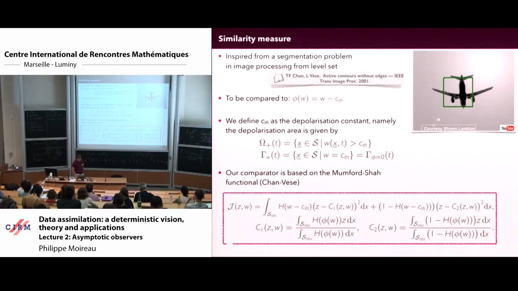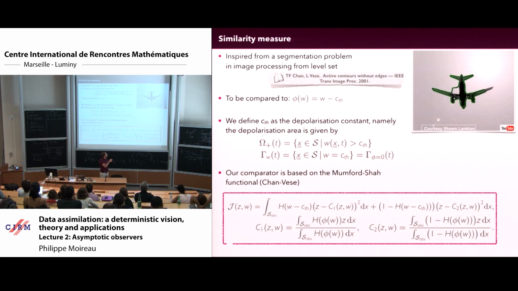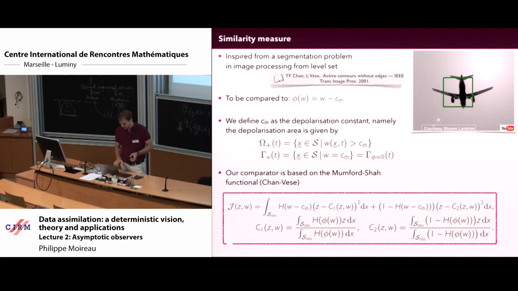Basically the Mumford-Shah functional allows to do that on the plane. It's like a correction term when you minimize this functional, starting from the initial condition, which is a square, you find the shape. So we thought it was a nice tool to build a Weinberger for the reaction diffusion situation.